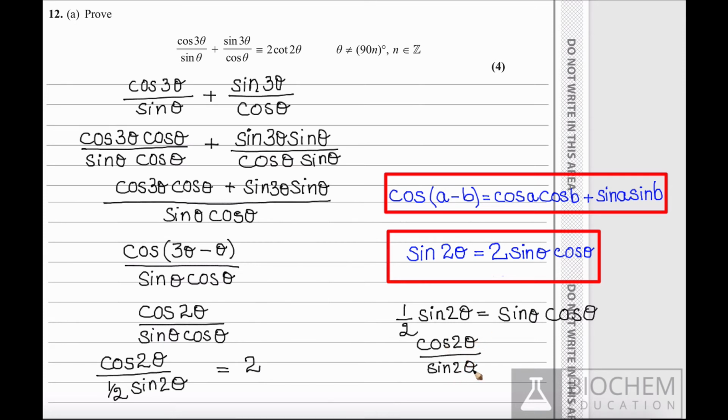But cos 2 theta over sine 2 theta is equal to 1 over tan 2 theta, which is equal to cot 2 theta. You don't need to write this down, but it's good to recall this information while proving the identity. So we can write down 2 cot 2 theta, which is equivalent to the right-hand side of the identity, and hence this is our final answer.